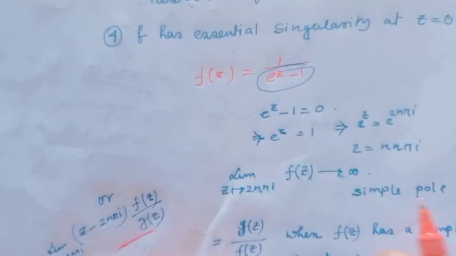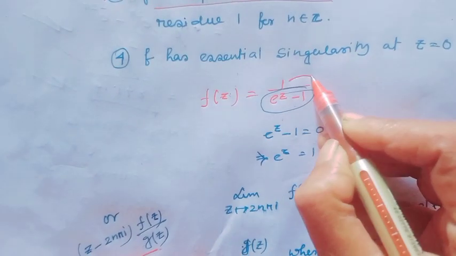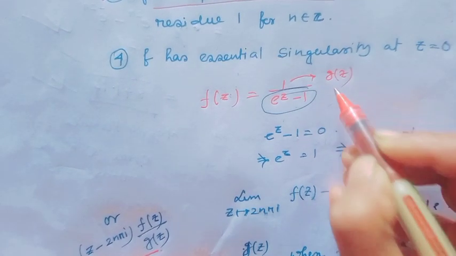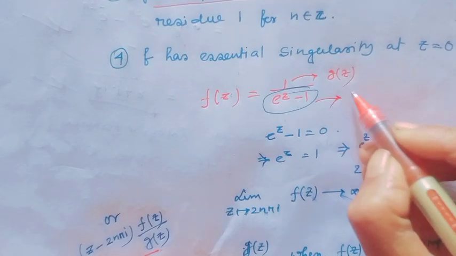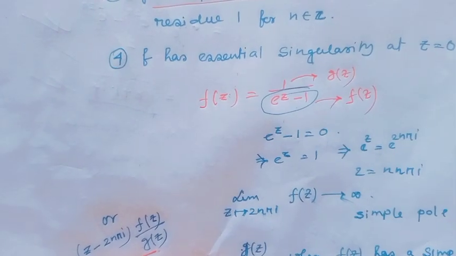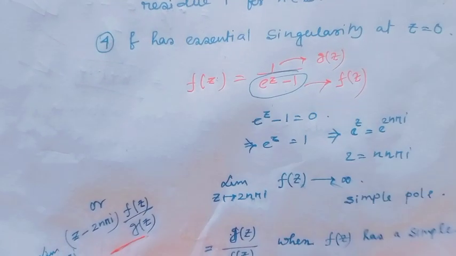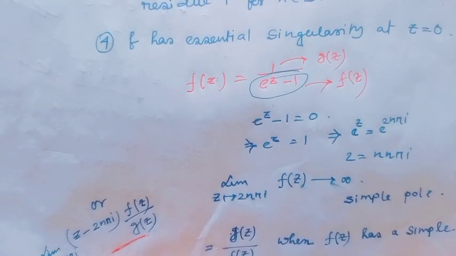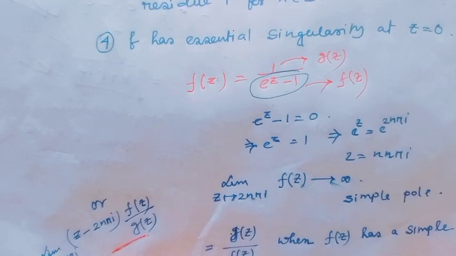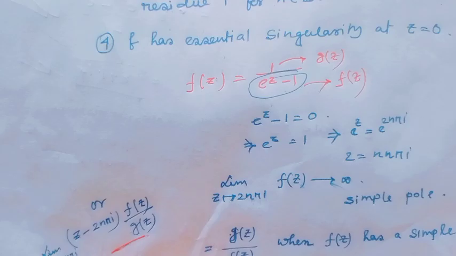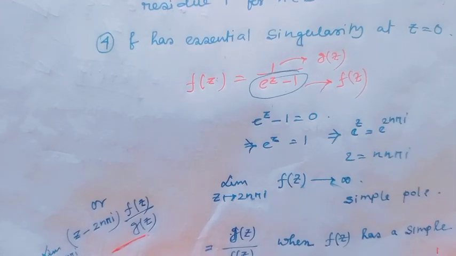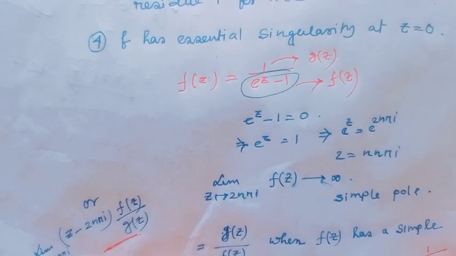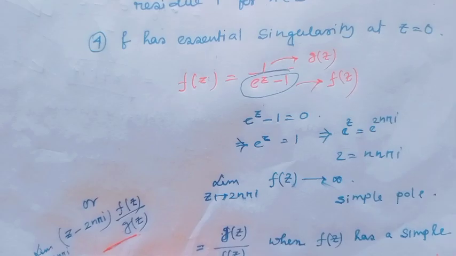Here g(z) equals 1 and f(z) equals this. The rule is the limit as z tends to 2nπi of g(z) times 1 over f prime z, and this value is e to the power z.